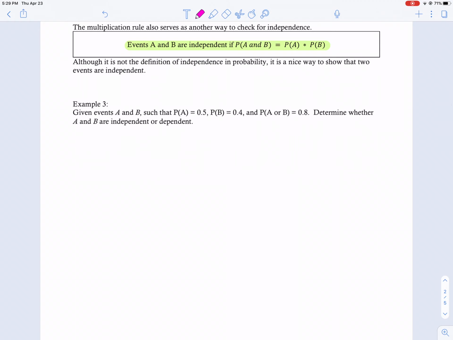In example 3, they say, given events A and B such that the probability of A is 0.5, the probability of B is 0.4, and then they give you your or statement, the probability of A or B. Okay, remember your or looks like that. So A or B is 0.8. Determine whether A and B are independent or dependent. So in order for us to know if they're independent or dependent, we need the and statement, okay?